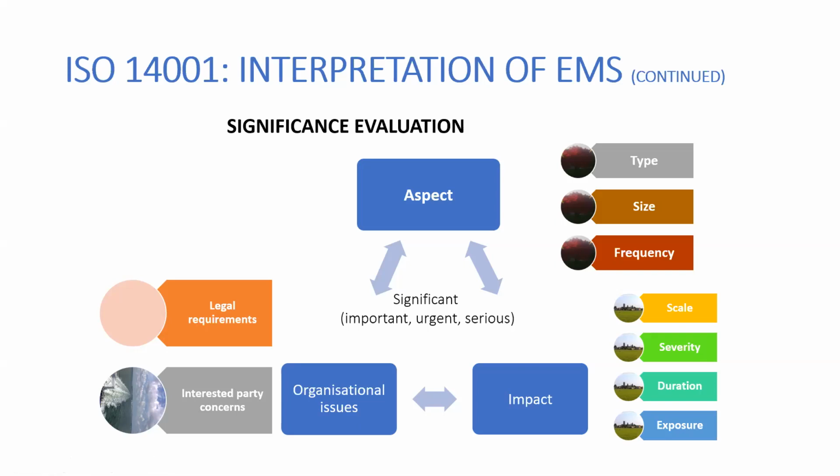So now you can see the aspect. When we are considering the aspect, what do we need to consider? Those aspects which have legal requirements, or which have a concern with the interested parties, can be identified as significant aspects. Because legal means that if you do not follow this, there will be a penalty.